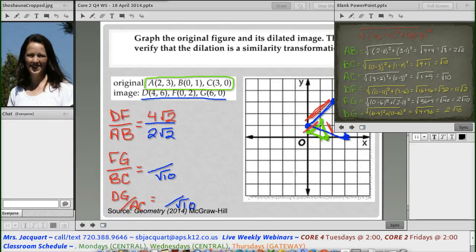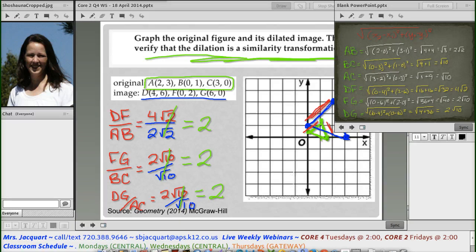FG is 2 square root 10. And DG is 2 square root 10. Get to go through and cancel those, those. 4 divided by 2 is 2. 2 divided by 1 is 2. 2 divided by 1 is 2. True. So we verified that the dilation is a similarity transformation. Cool. Took a long time to do that one, but it was a lot of fun.